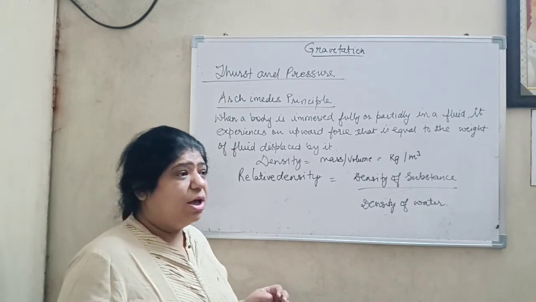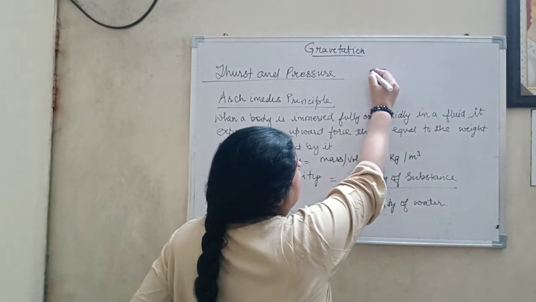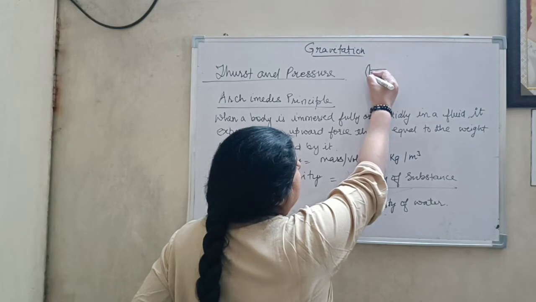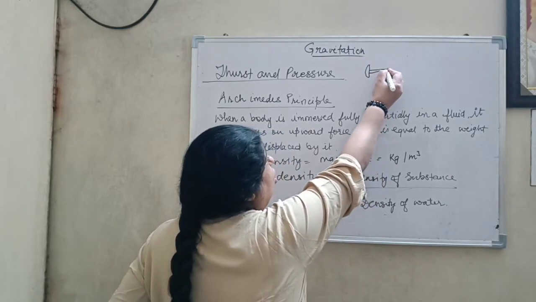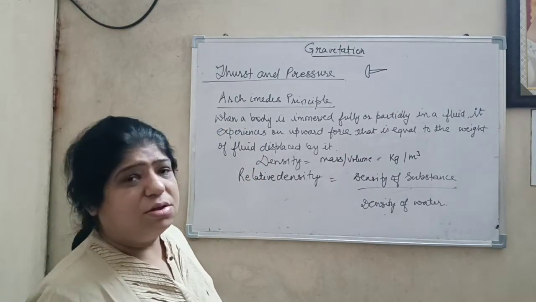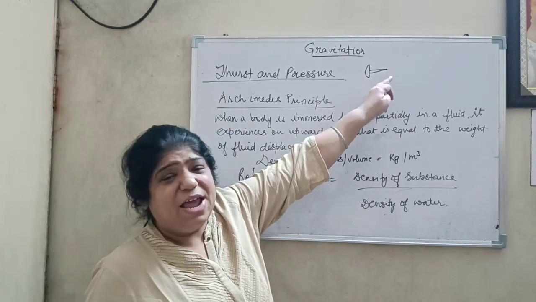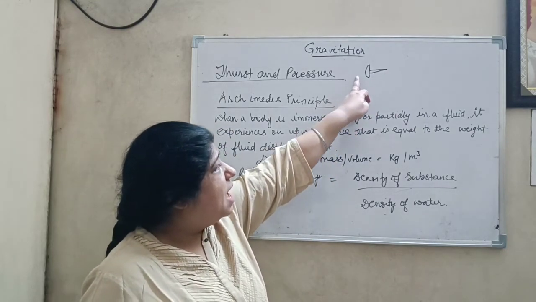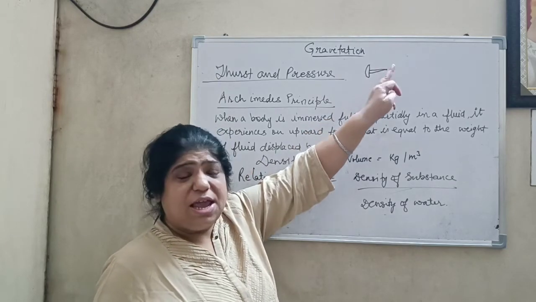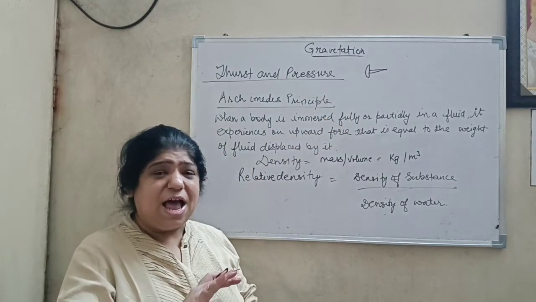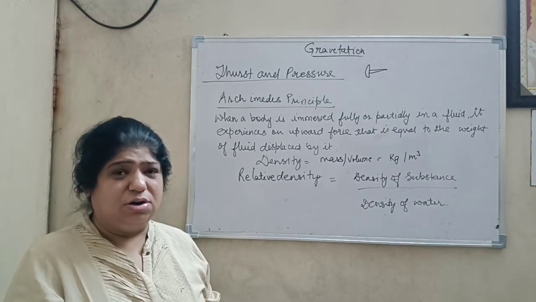So, why have you seen a pin, a thumb pin? It is small at the pin side. Why? So that you can apply more pressure, because when the area is less, the pressure is more.